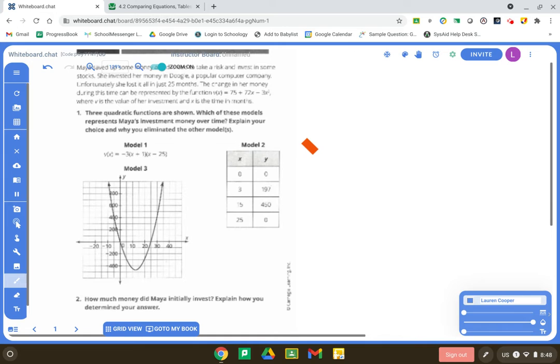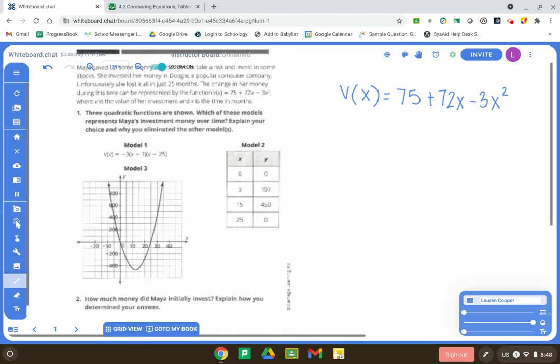So from this equation, there's lots of things you can get. And remember, this is in general form. So general form, if you remember from previous lessons, will tell you if it's going to be up or down.